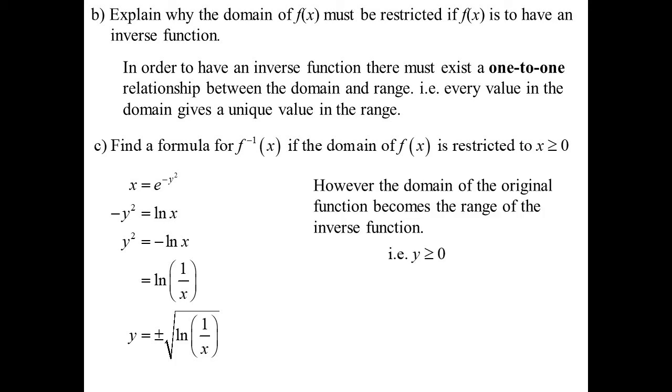Well, we know the domain of the original curve becomes the range of the inverse. So if the domain of the original one was x is greater than or equal to 0, the range of the new one must be y is greater than or equal to 0. Therefore, it must be the positive square root that we're looking for. So y equals the positive square root of the log of 1 on x.